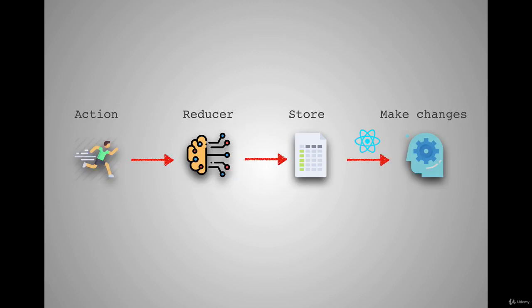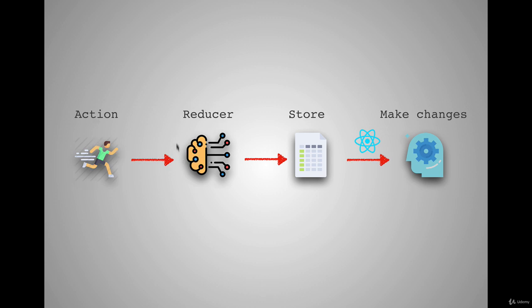Using these principles, Redux has some new words that we're going to introduce in our vocabulary. And we're going to be comfortable with them by the end of this section. The first one is action. An action is something that a user does, such as clicking on a button or a drop-down menu. And what happens in Redux is as soon as a user clicks on a button and creates an action, it goes through something called a reducer.